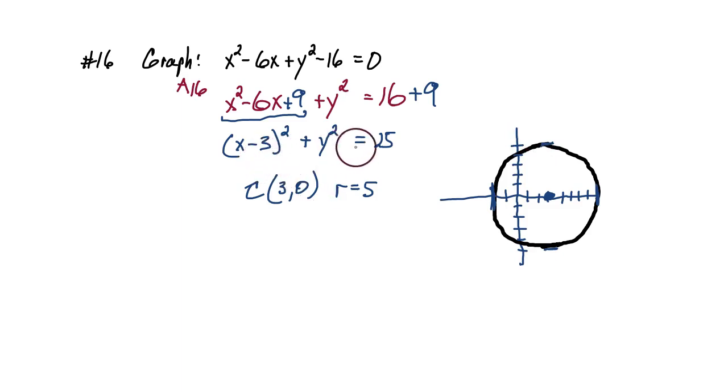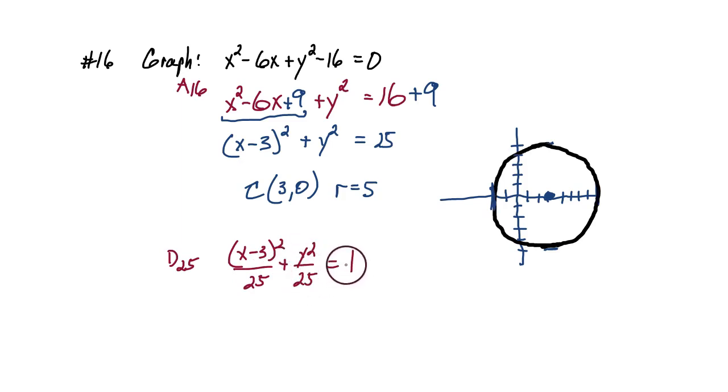Why isn't this an ellipse? Well, what does an ellipse equation have on the right side? It's always equal to 1. So what if you were thinking that this is an ellipse and you wanted to make a 1 here? You would have to divide by 25, and you would get (x minus 3) squared over 25 plus y squared over 25 is equal to 1.